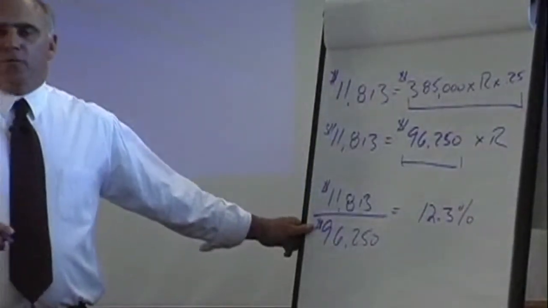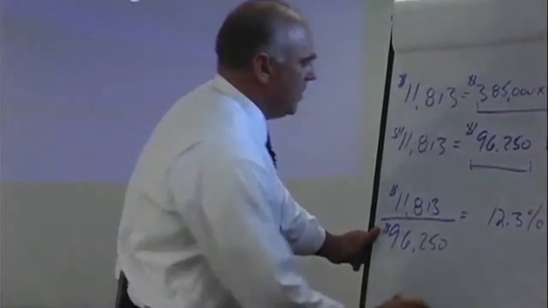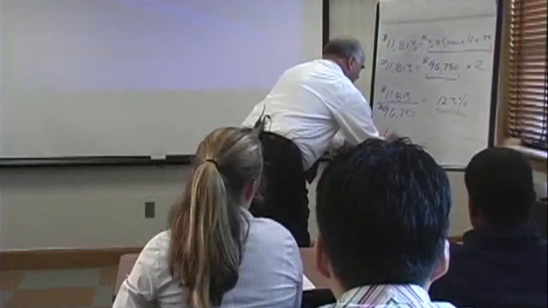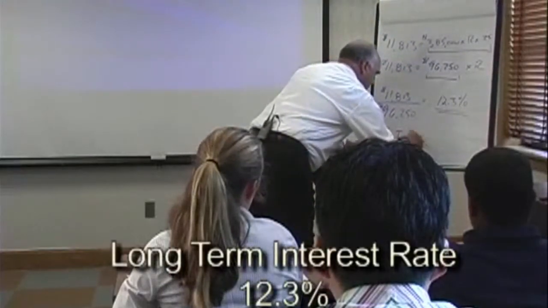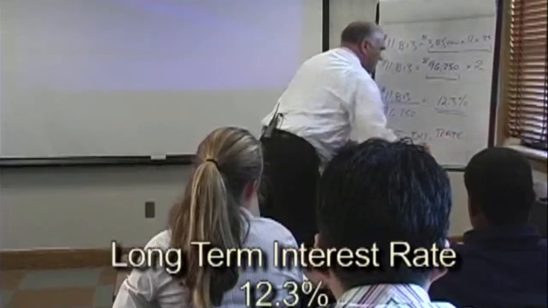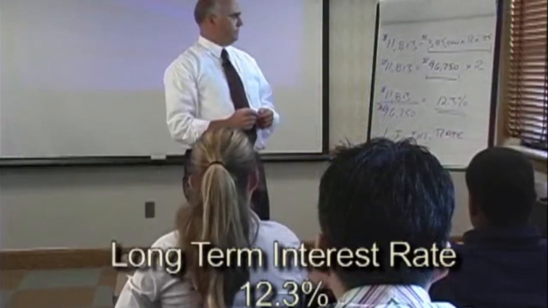Rounded slightly from 12.2743 and some other numbers. So 12.3%. That's the long-term interest rate associated with the combination of long-term debt at our place.